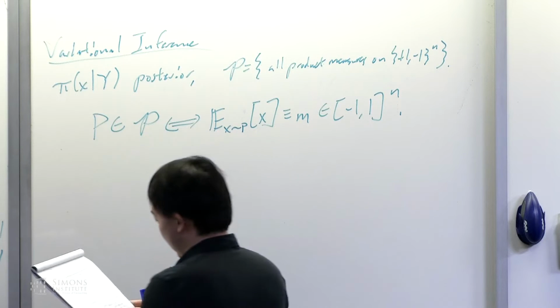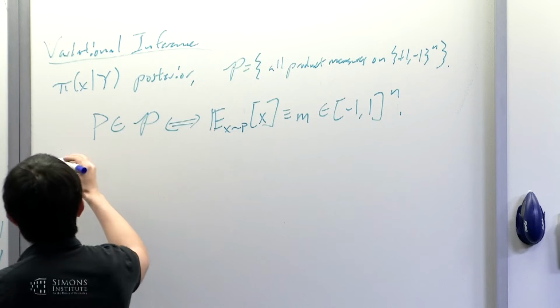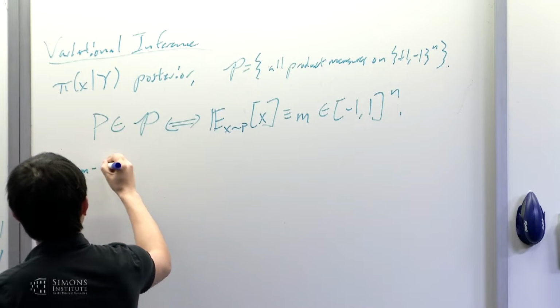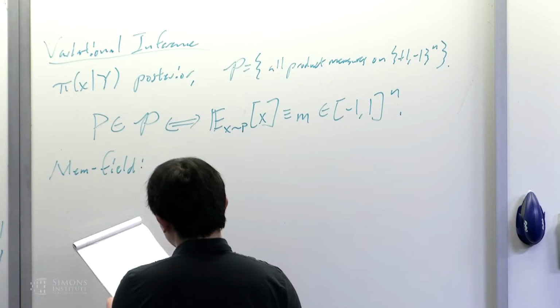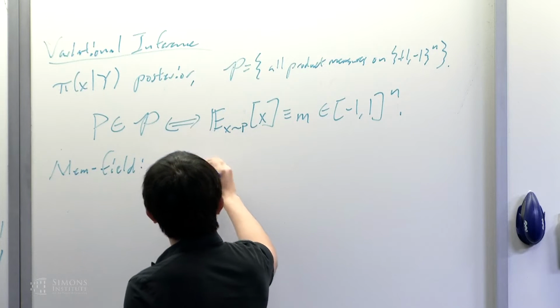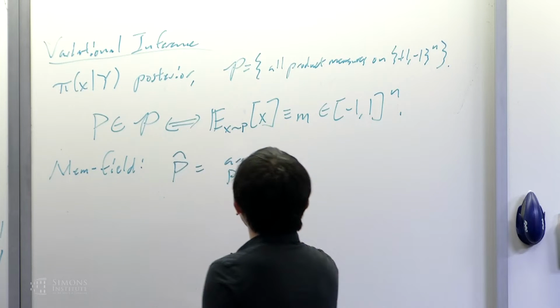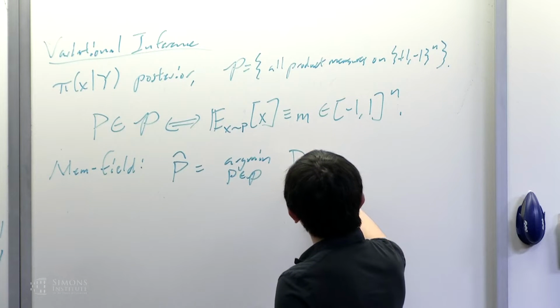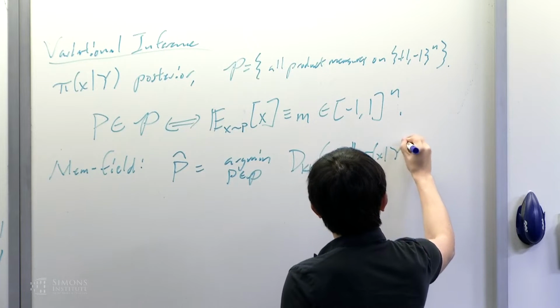And the most commonly used method of variational inference is what's oftentimes called mean field variational inference. In the mean field approach, what we want to do is find the distribution p in this class of product measures which minimizes the KL divergence from p to the true posterior pi of x given y.